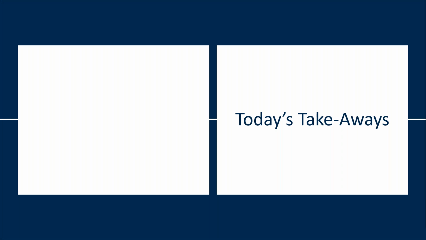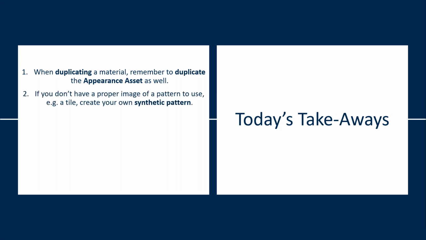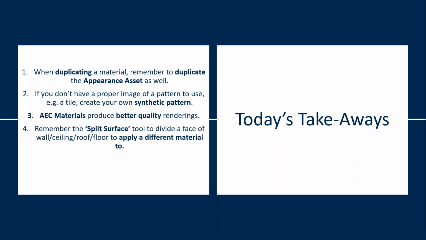Then just some takeaways from today's session. Remember, when you duplicate a material, you need to duplicate the appearance asset as well. Also, if you don't have a proper image of a pattern that you want to use, for example for a tile, you can create your own synthetic pattern. Your AEC materials, which is your bottom external material library, produce better quality renderings, so try and use them as far as possible.